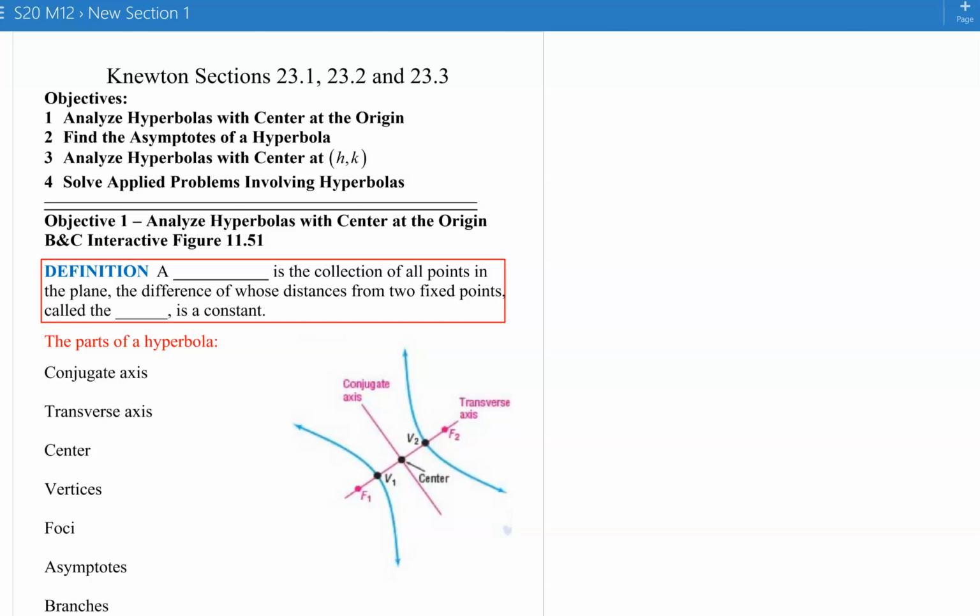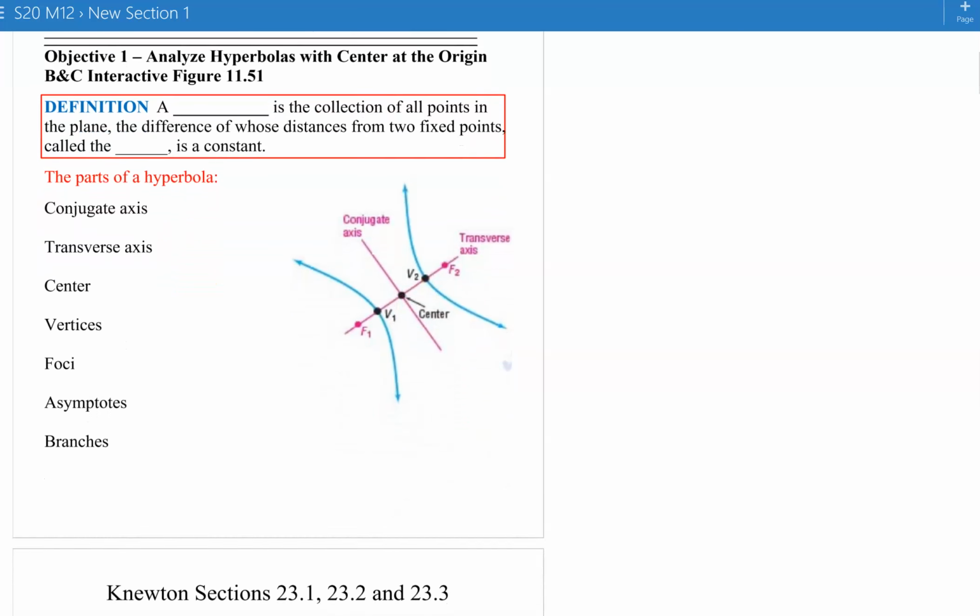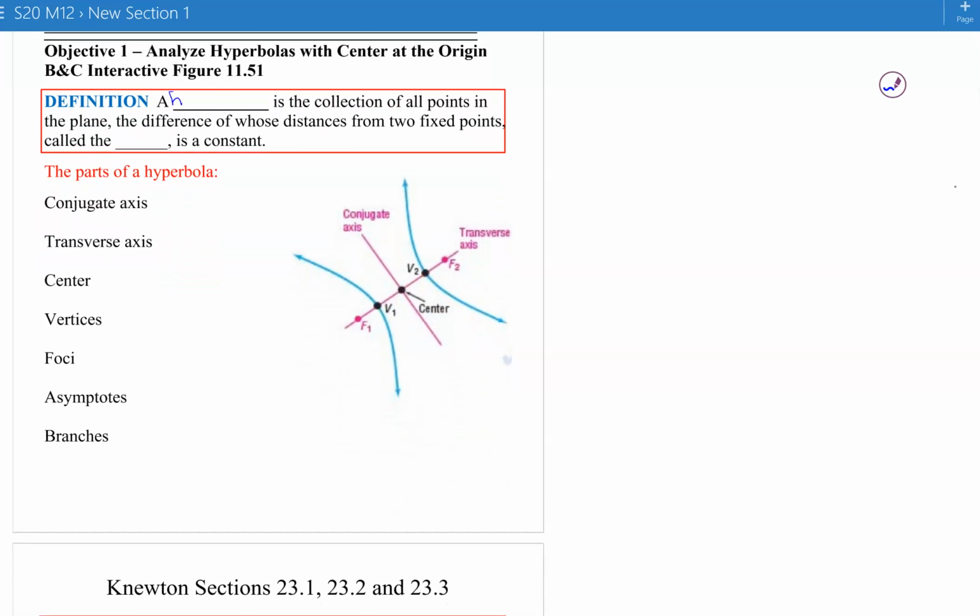So a hyperbola is a geometric figure, hyperbola, like parabola.